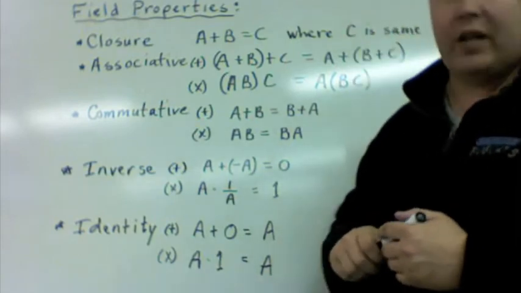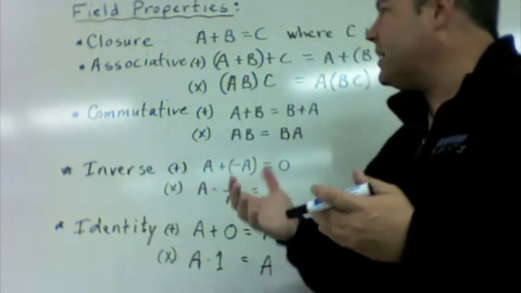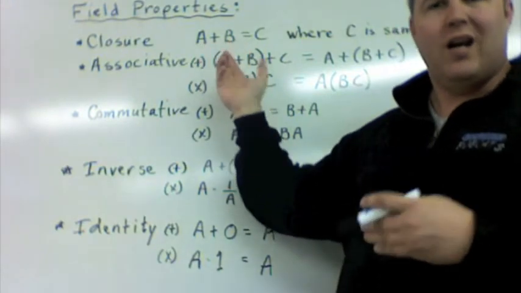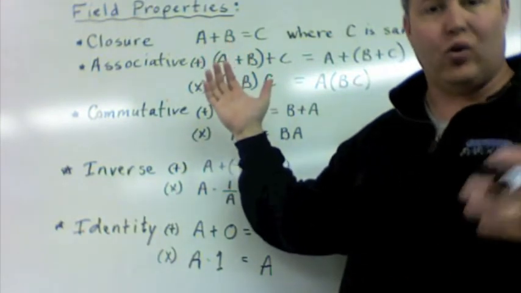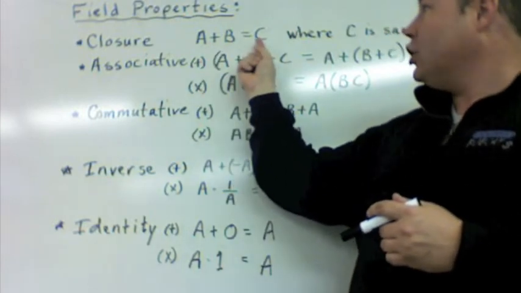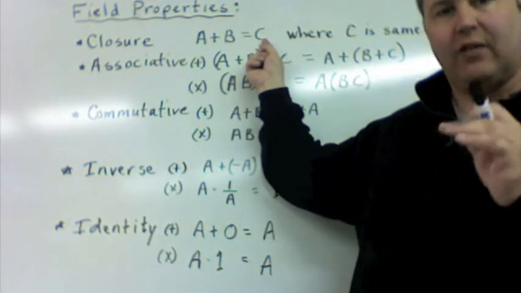All right, the first property to talk about is what we call closure, and closure just means that if you take two numbers that are the same type of number, a natural number or an integer or a real number or whatever kind of number, you add them, you'll always get an answer that is also that same kind of number.